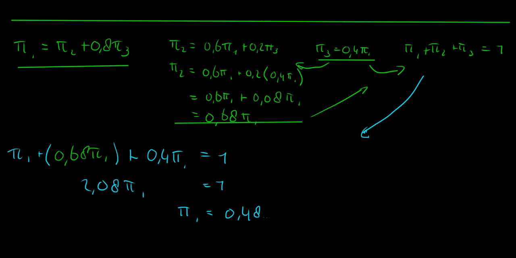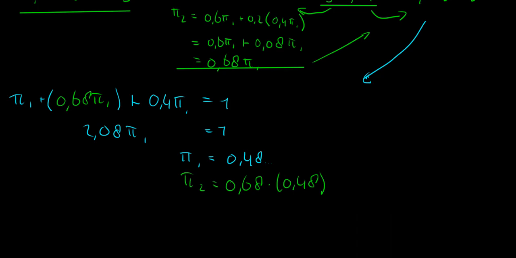Now we have this, which is very nice. Now we can substitute this into our other pi's. So we know pi 1. For pi 2, we knew it was 0.68 multiplied with pi 1. Well, we know pi 1 right now, which is 0.48. So this will result in the answer of pi 2 is equal to 0.33 approximately.